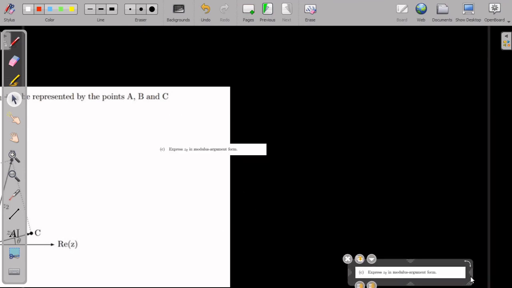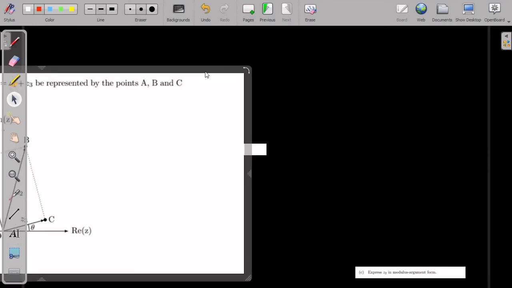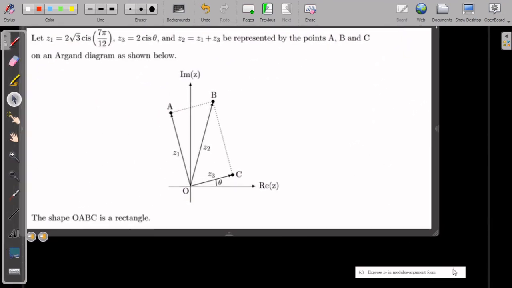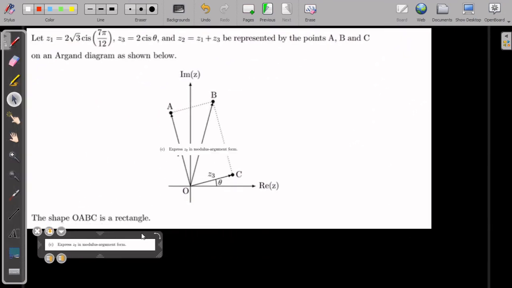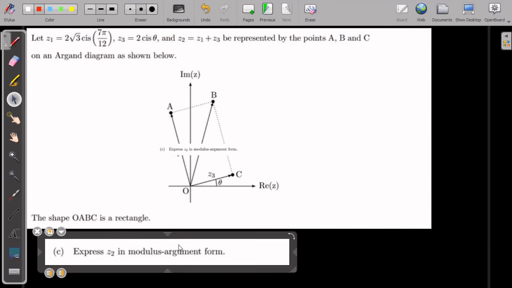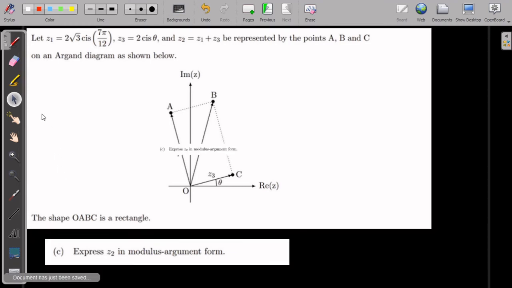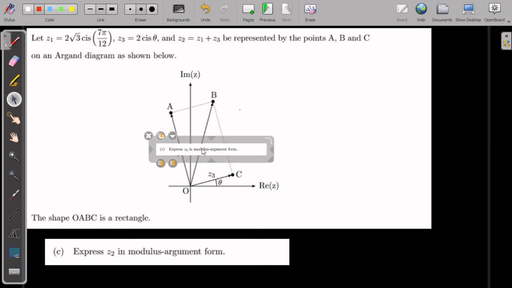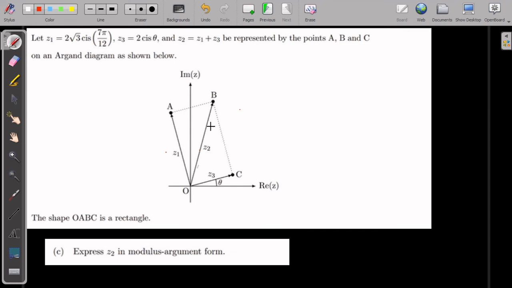Let me put it down here. So the question is, express Z2 in modulus argument form.